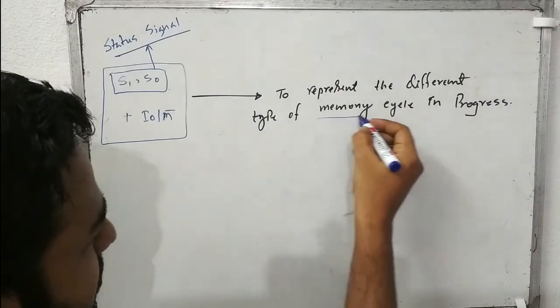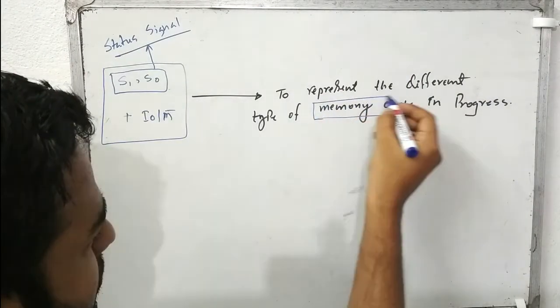As you can see, this is a memory cycle. So what is a memory cycle?